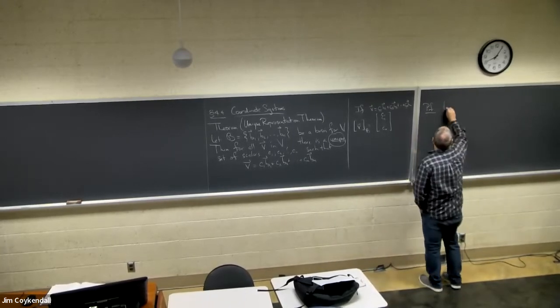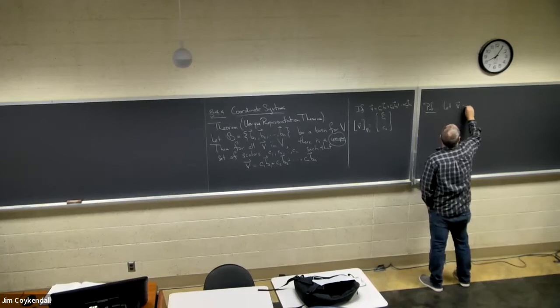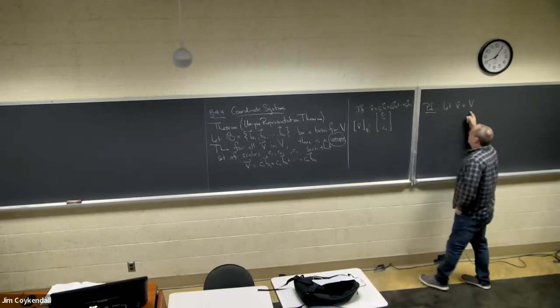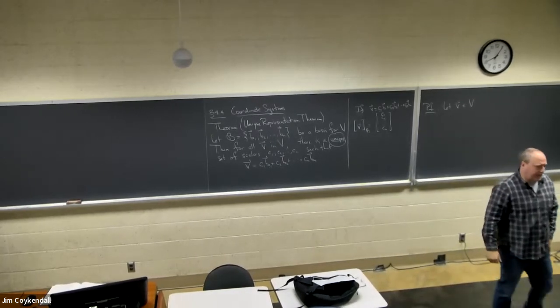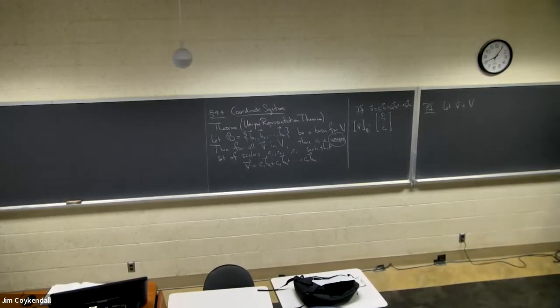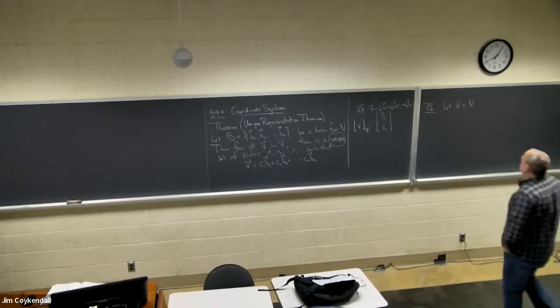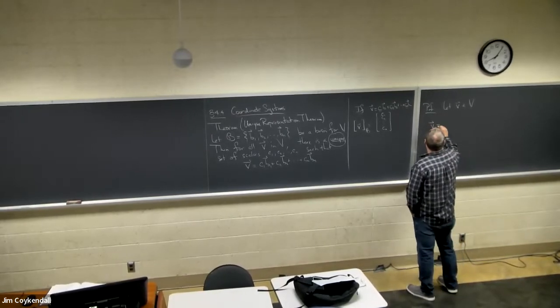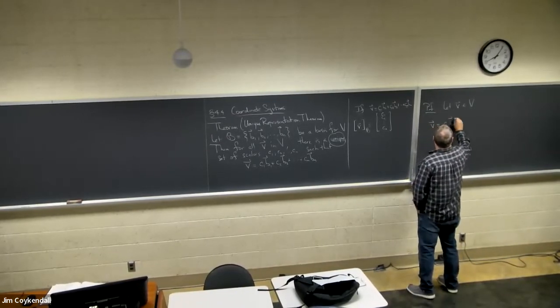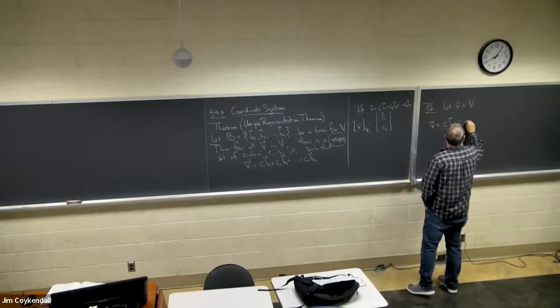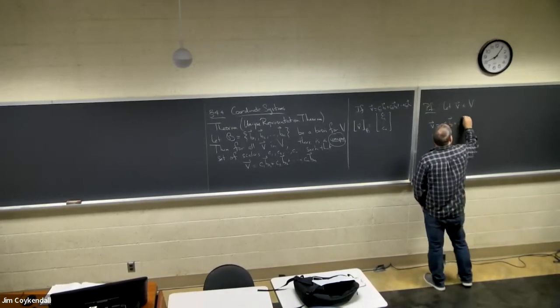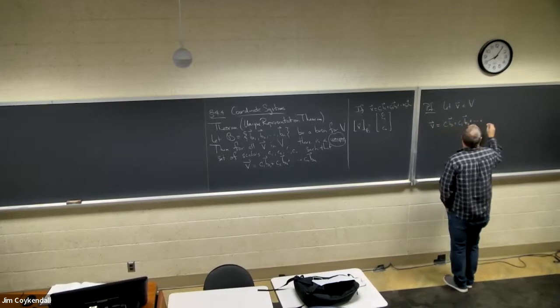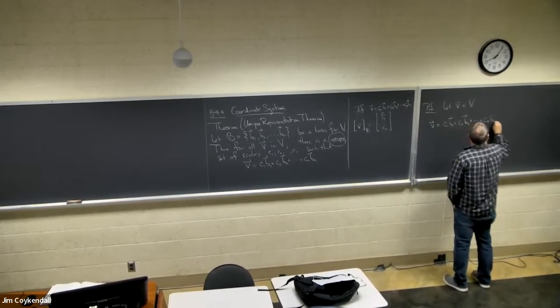So let v be something that lives in the vector space. I want to show that there's only one way to write it. So suppose that we can write v two ways. Suppose we can write v as c1 b1 plus c2 b2 plus up to cn bn.